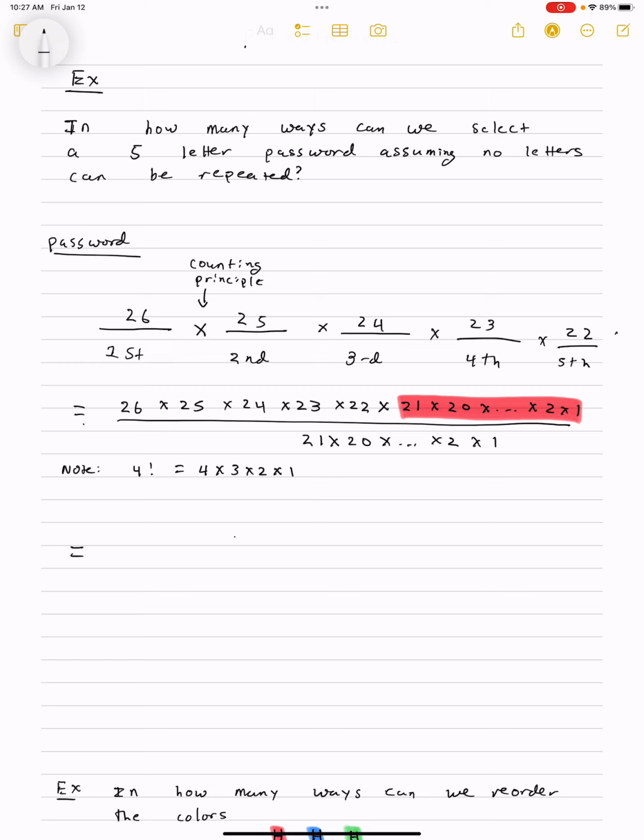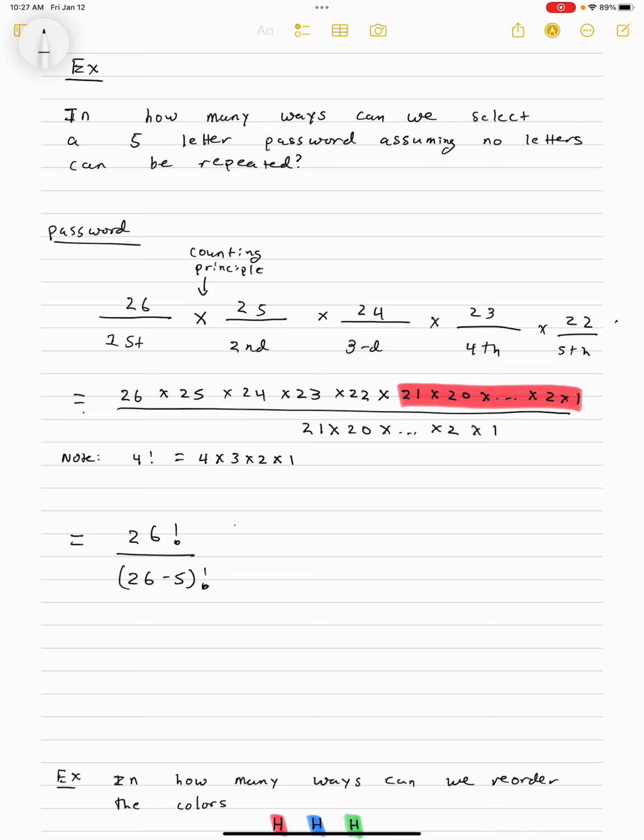And this works out to be 26 factorial divided by 26 minus 5 factorial. Okay. Notice 26 was the number of letters available to us. 5 was the number of digits that we needed to select.